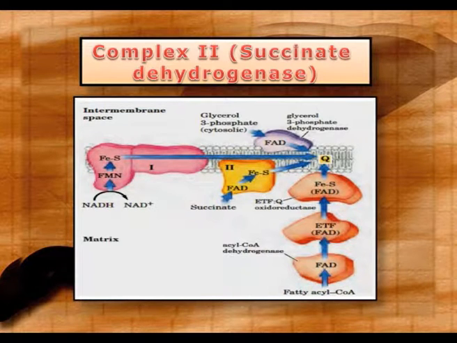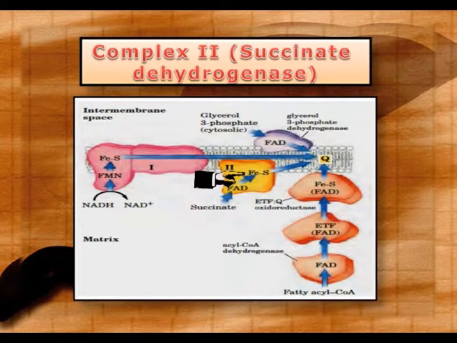Now complex 2. Complex 2 is also called succinate dehydrogenase. This enzyme complex is involved in the TCA cycle. It converts succinate to fumarate. It is also a large complex composed of 4 different protein subunits and FAD as its cofactor. Electrons from succinate are first donated to FAD.